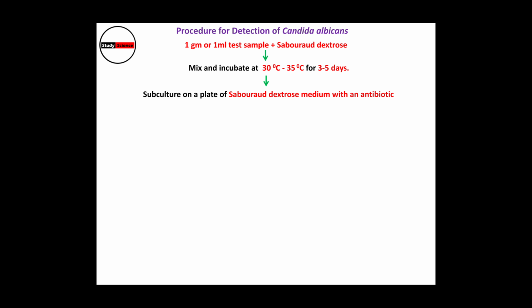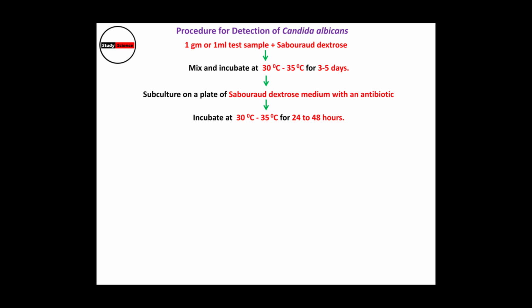Procedure for detection of Candida albicans. Take 1 gram or 1 ml test sample and add Sabouraud dextrose medium. Mix it and incubate at 30 to 35 degrees Celsius for 3 to 5 days. Subculture on a plate of Sabouraud dextrose agar with an antibiotic.